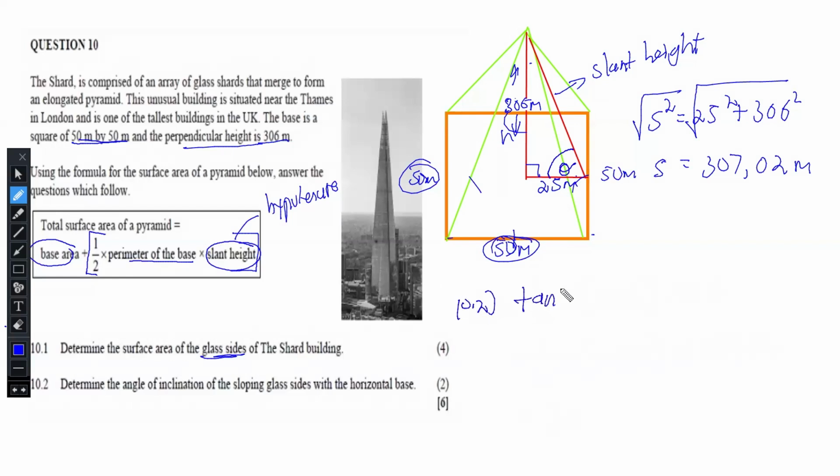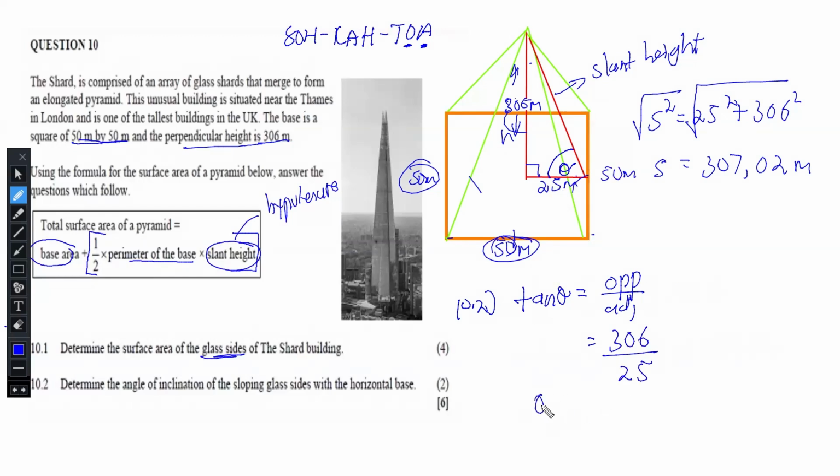So tan theta is equal to opposite over adjacent, according to SOHCAHTOA. From this reference angle, the opposite side is the 306, the perpendicular height, and the adjacent side is the 25 right there.